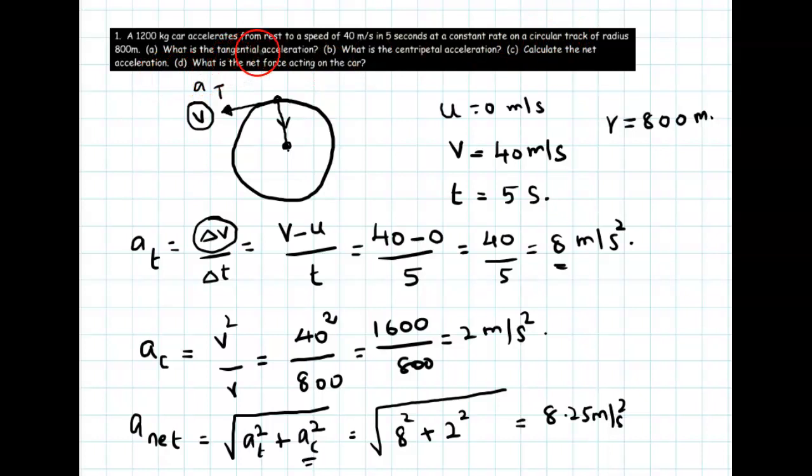The last question, what is the net force acting on the car? According to Newton's second law, F is equal to mass times acceleration.